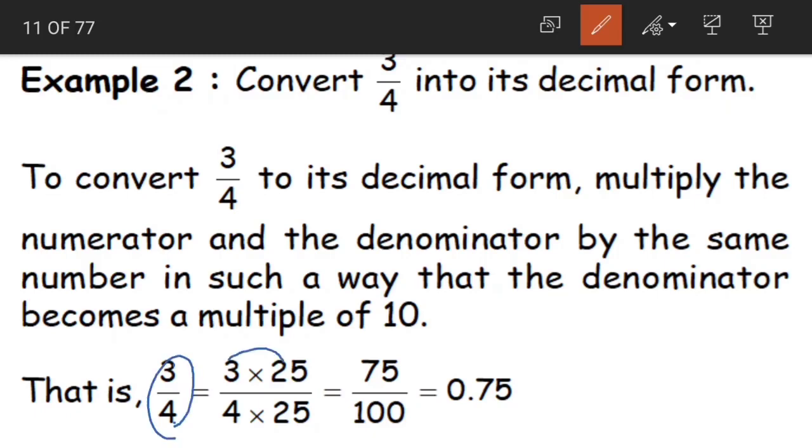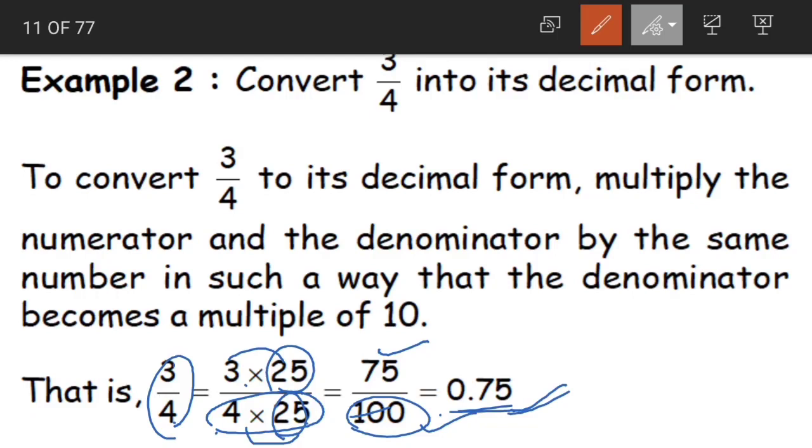Then we multiplied both 3 and 4 with 25. Why only 25? Because 4 into 25 gives us 100, which makes it easier to convert into a decimal number. We have to multiply with the same number. 3 into 25 is 75, 4 into 25 is 100, which equals 0.75.